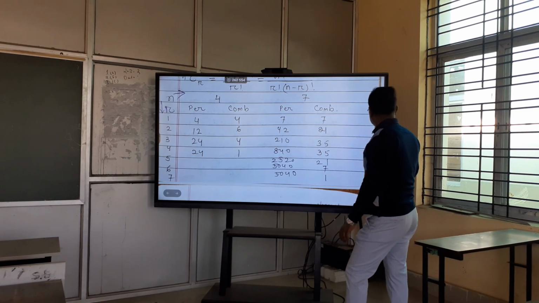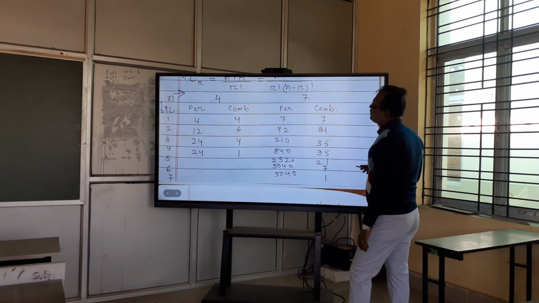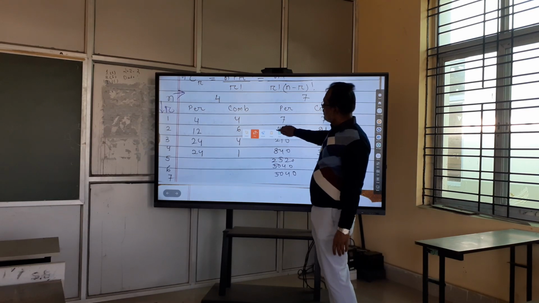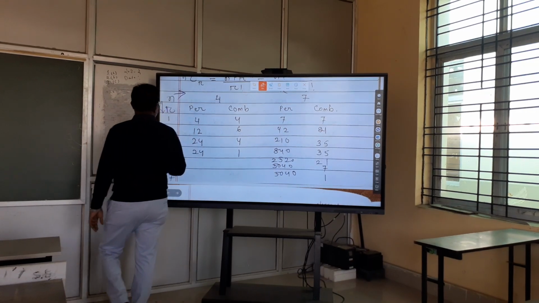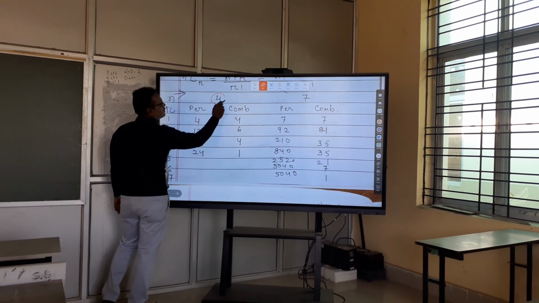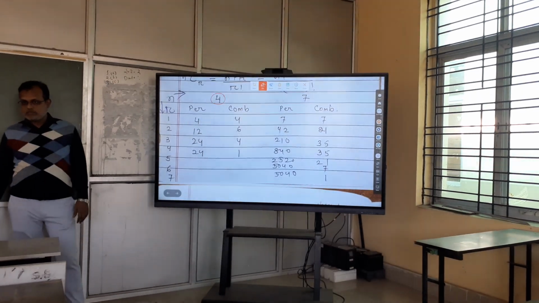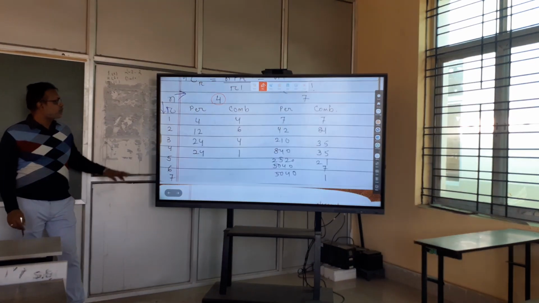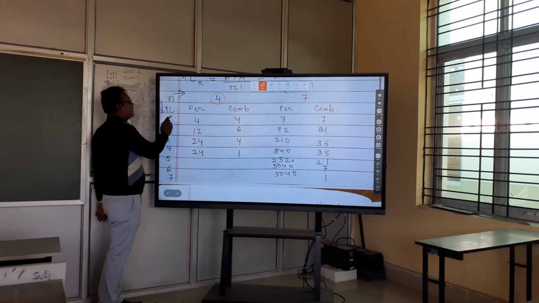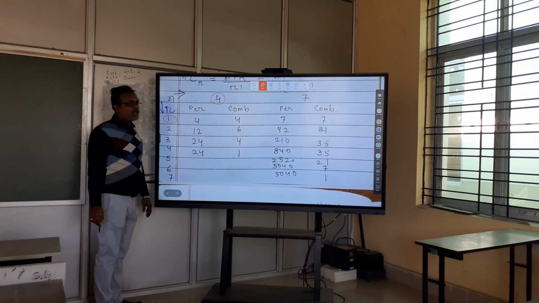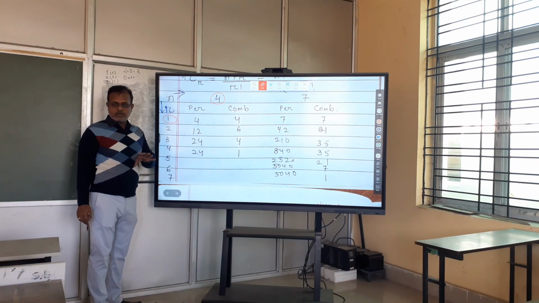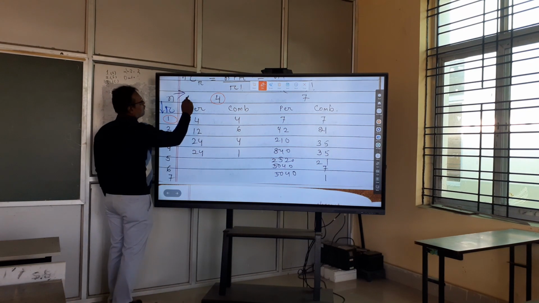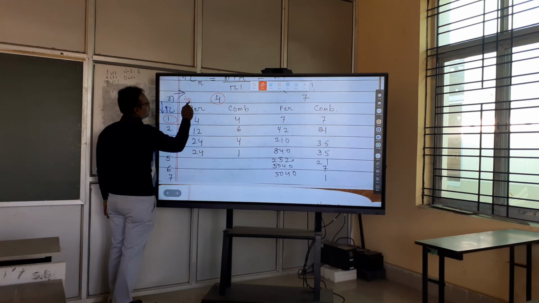Now it's a revision of permutation and combination. So n is 4. Total number of items is 4. Now you take 1 at a time. How many ways can you arrange it? 1 at a time, 4 ways. So it is 4P1.